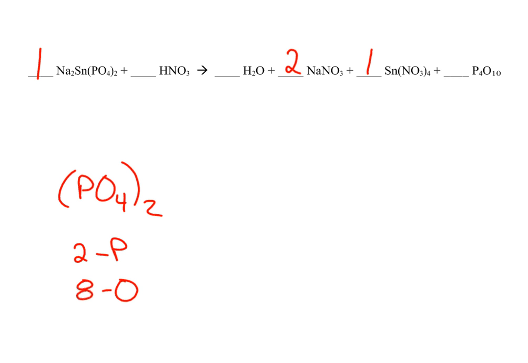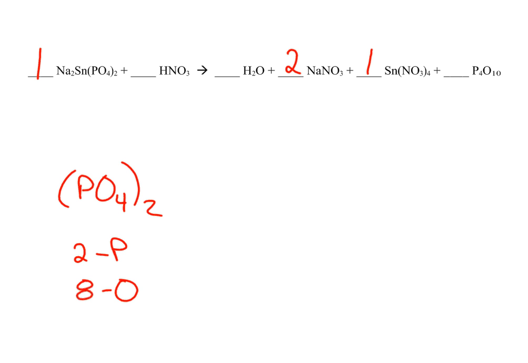Next, looking at the phosphate part of this, there are 2 phosphates on the left because you have 1 of the whole thing and each one has 2 phosphates. So now I swing over to the right and I see that right away I've got a problem here because I need to have at least 4 phosphorus on the right. If you look at the tetraphosphorus dioxide.